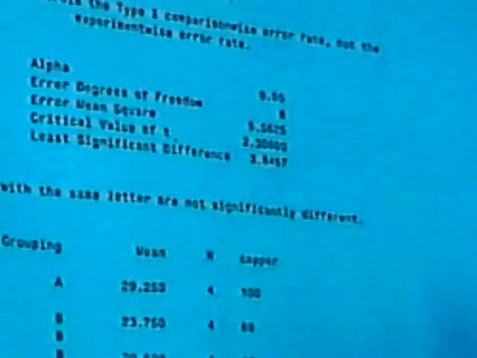There's the two means based on 8 observations, and well, it tells us the temperature here, 125 versus 100, and then we get the same sort of thing on the other variable, copper, which in this layout right here is listed there. Copper values of 100, 80, 60, and 40. And there's the mean response there.